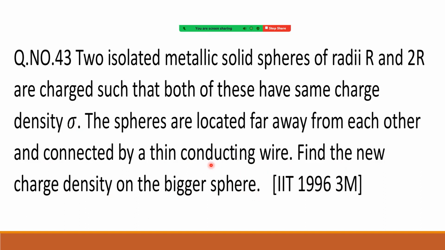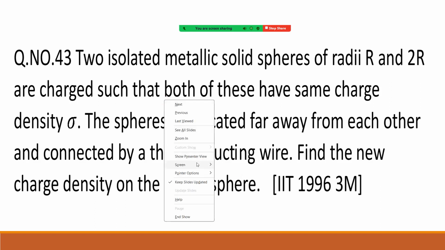So the condition given: solid spheres of radius r and 2r, same charge density sigma. Separation is very large, connected by a thin conducting wire. So we have to calculate the new charge density on the bigger sphere. See how we solve this one.